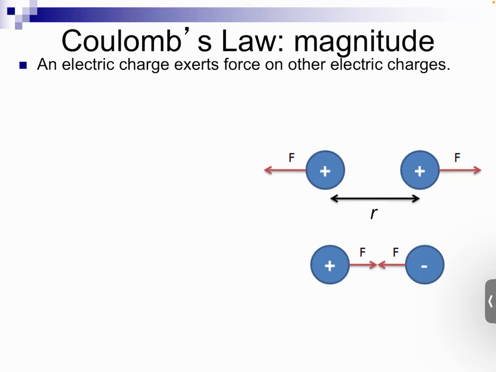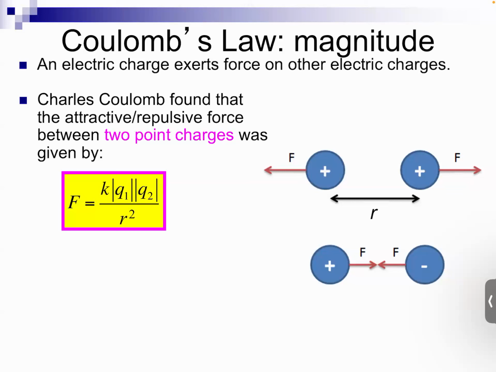And as we've seen, the dichotomy property says you have this repulsive force if you have like charges, and you have this attractive force if you have opposite charges. And it was Charles Coulomb who found the relationship of the force between two charges, and we call that Coulomb's law.